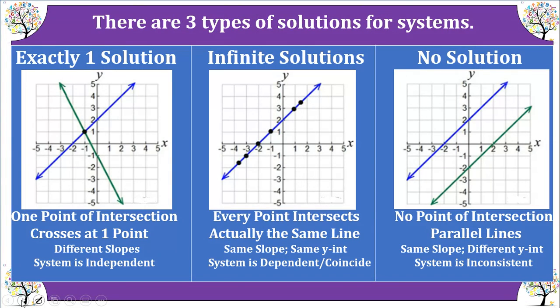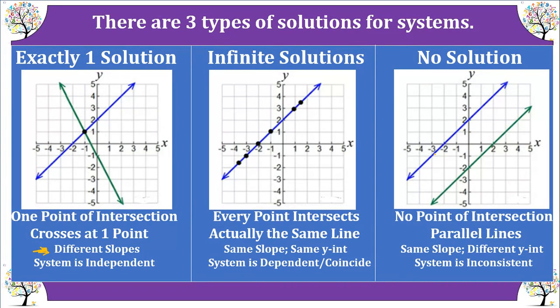Again, remember, we can have exactly one solution where the two lines cross. We can have infinite solutions where both equations cross at every point, or we could have parallel lines and the two lines will never intersect, therefore there are no solutions. So remember, if two equations have different slopes, then they are going to eventually cross.